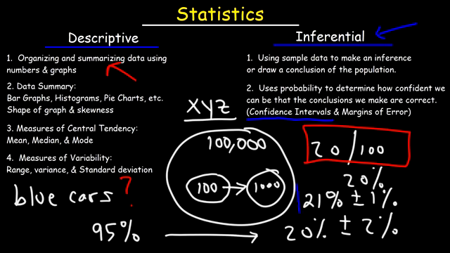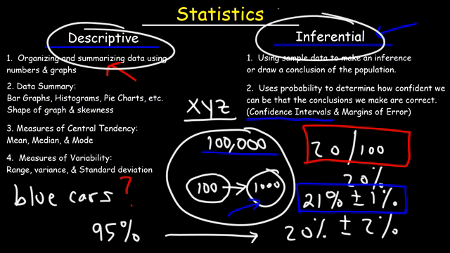So this value is going to be a better reflection of the population in response to their preference for blue cars because our sample size is bigger. So now we could say that 21% of the population prefer blue cars within a 1% margin of error. So by increasing the sample size, you can make a better prediction of the population and their preference for blue cars. And so that's a basic intro between descriptive statistics and inferential statistics.